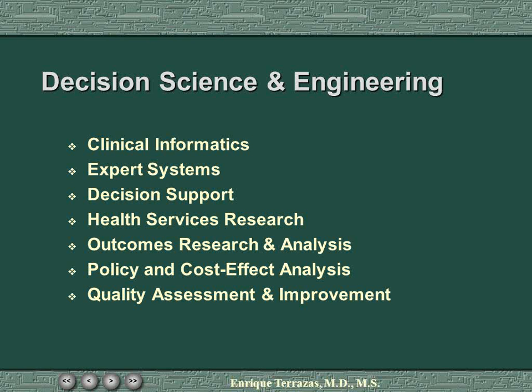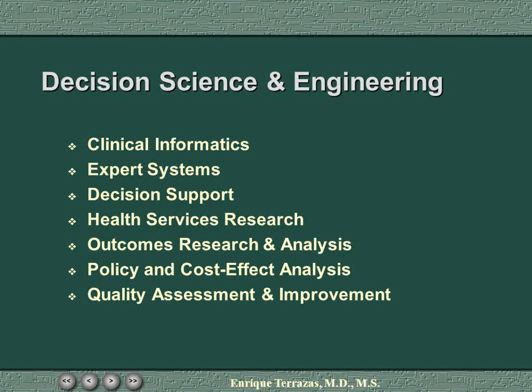And then under decision science and engineering, you have clinical informatics, and here's where you have expert systems and decision support. We'll talk about these two things in a little bit of detail. Then health services research, outcomes research and analysis. There's a big emphasis right now on outcomes research and analysis because the healthcare industry is moving in a direction where it's going to reimburse for quality of care.